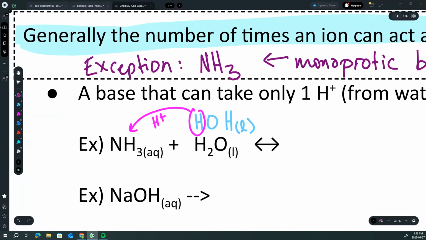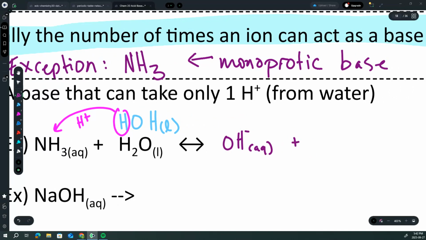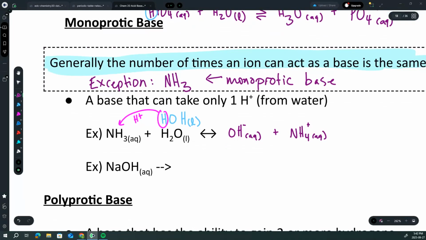So then what we get is hydroxide, because we're imagining water with 1 less proton, plus NH4 1 plus, aqueous. Okay, so ammonia, that's a monoprotic base, which just means that it can accept 1 proton.